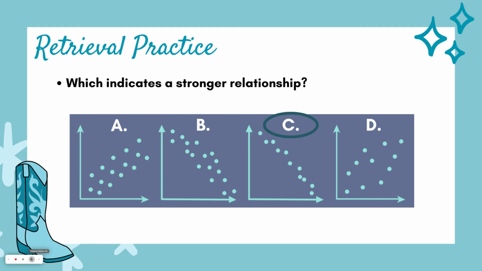And for this, the correct answer is C. And the reason we know that is because this forms more of a straight line, meaning there's less scatter in comparison to the other scatter plots. Now, A and B are decently strong correlations, but they're stronger than D, which we can see does have a little bit of a correlation. We can kind of see where that line of best fit would be, but not nearly as strong.